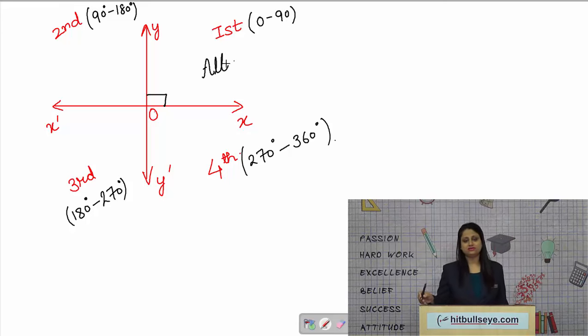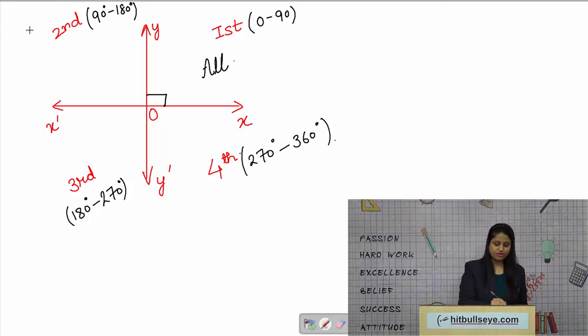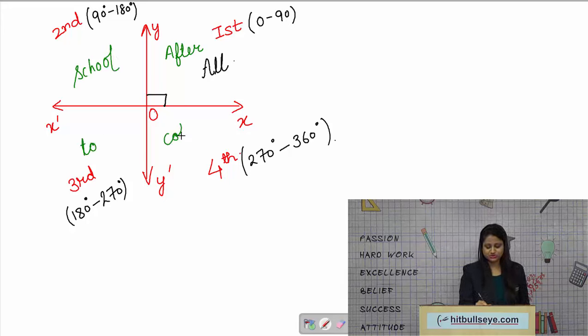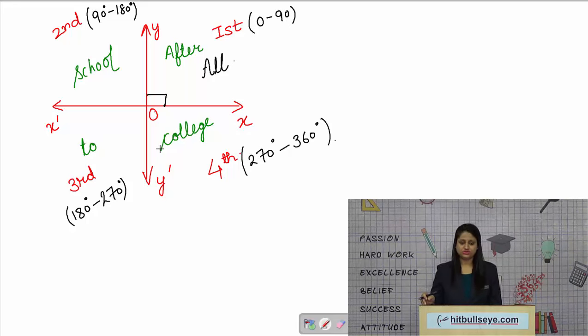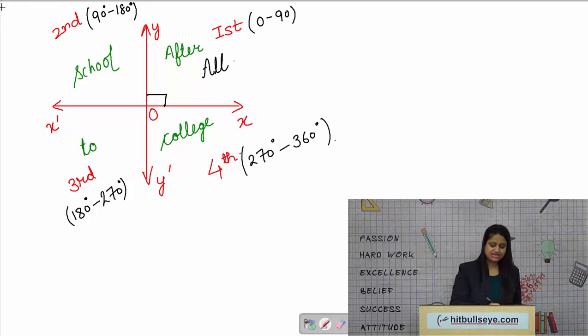Let's learn a mnemonic first. The mnemonic says: after school to college. Of course, this is true. You go to school, you pass your school, then you go to college. What do you mean by after school to college? Just take the initials. A means all.